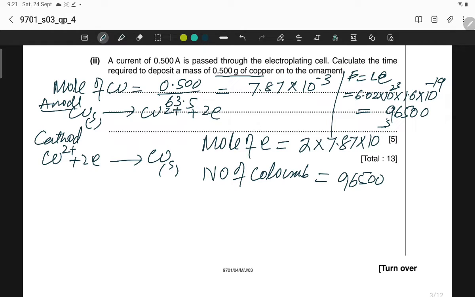So the number of coulombs is equal to 96,500 times the moles of electrons, 1.57 into 10 raised to minus 2, which is equal to 1517.